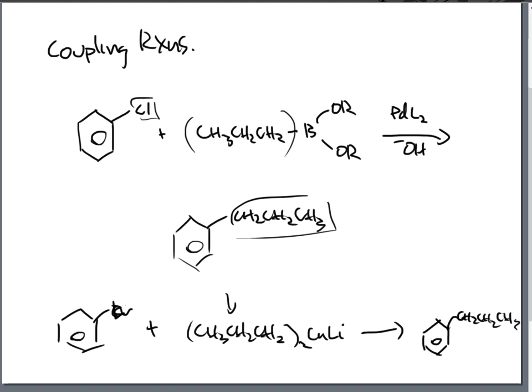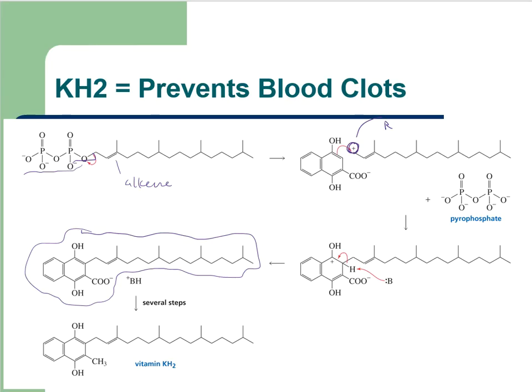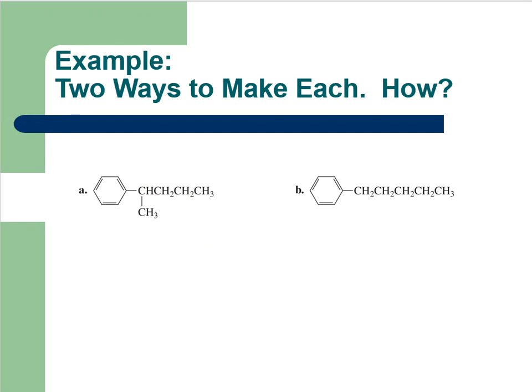So in the next video, what I would like for you to do at this point is to answer this question. Example: for A and B, there are 2 ways to make these. How would you make them? Do both options. Route number 1 makes that product. Route number 2 makes that product.